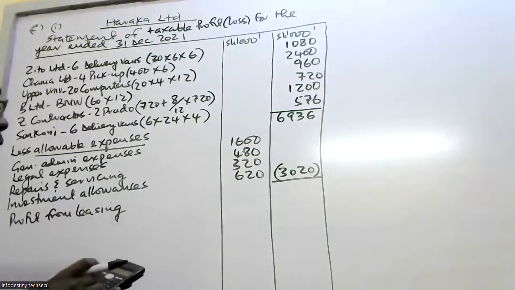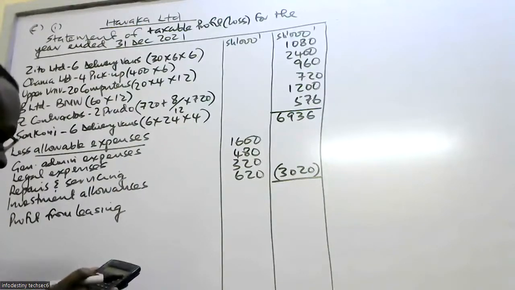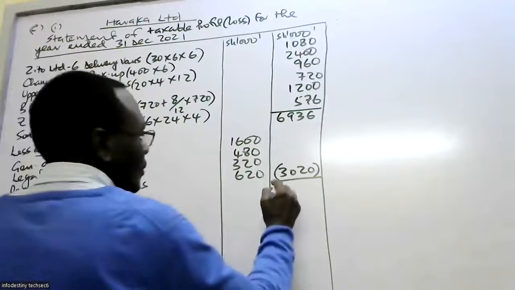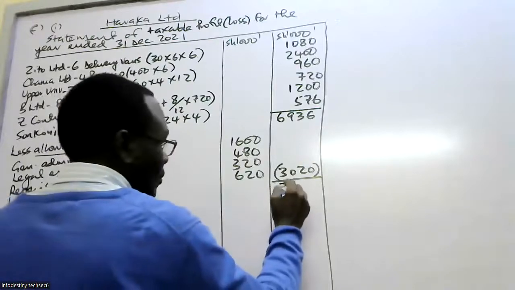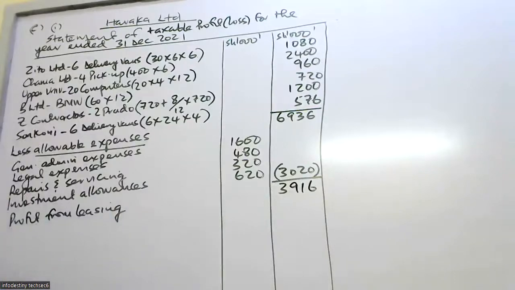So profit from leasing business. Then we can add the other sources.